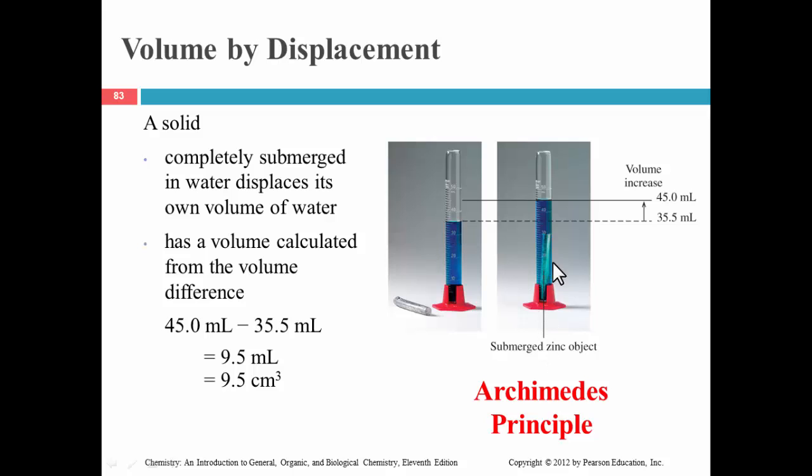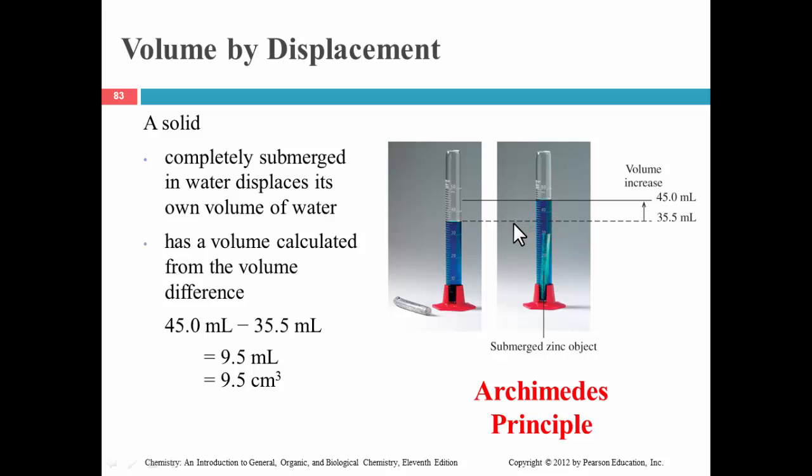When you drop the zinc object into the graduated cylinder, it takes up a specific amount of volume. It displaces, hence the name of this method, enough of the liquid that the level in the graduated cylinder rises to 45.0 milliliters.